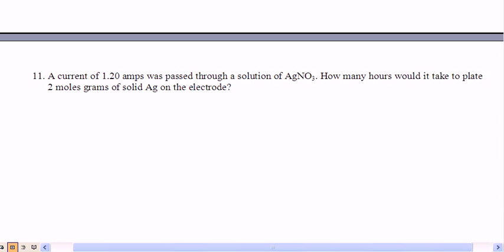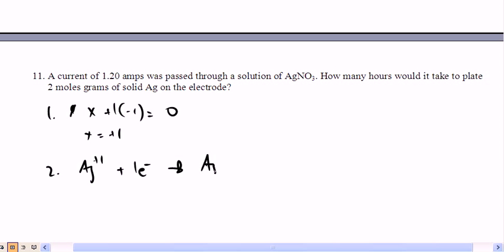I'm going to try and take some shortcuts here in this one. Actually, no, I'm not. Let's go through it normally. You're going to have x plus 1 times minus 1 equals 0. X equals plus 1. So Ag is going to be plus 1, plus 1 electron goes to Ag0.